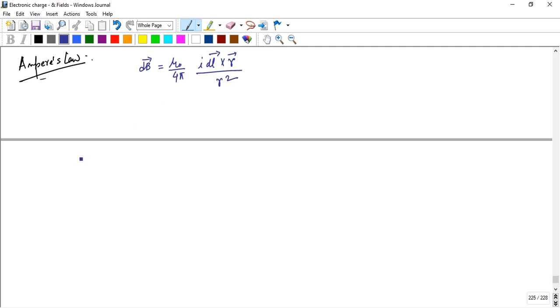The application is the magnetic field of a long straight wire.